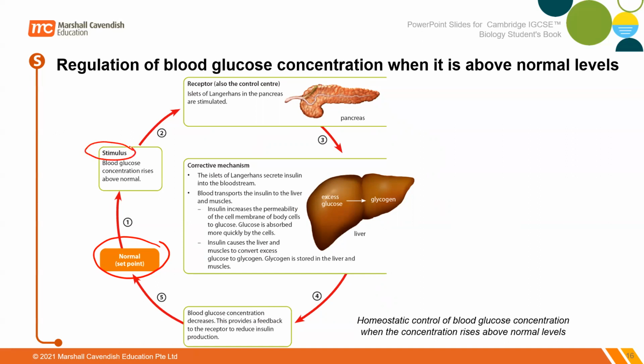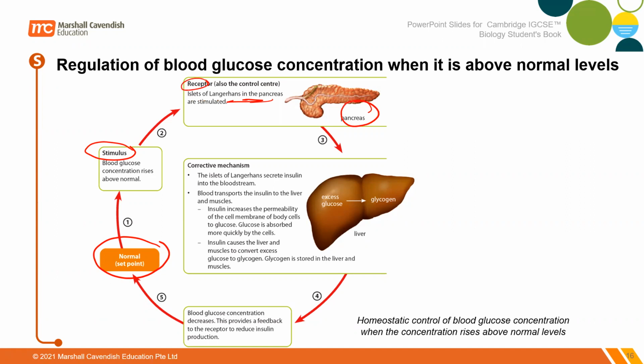The stimulus here هو what I am eating والreceptors will sense, okay, إني I am doing something wrong وإنه في blood glucose concentration عالي. فالreceptors هنا هتعمل إيه؟ هتروح للislands of Langerhans اللي هي البنكرياس يعني وهيكون stimulated by these receptors.